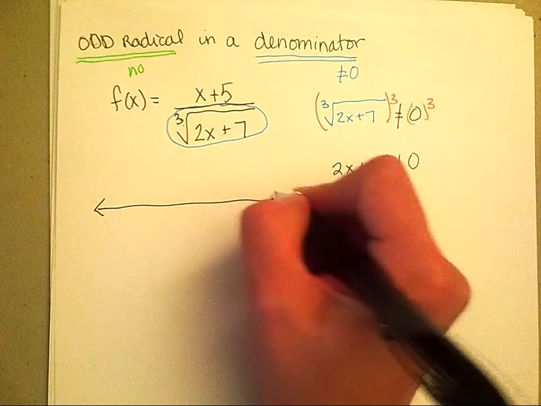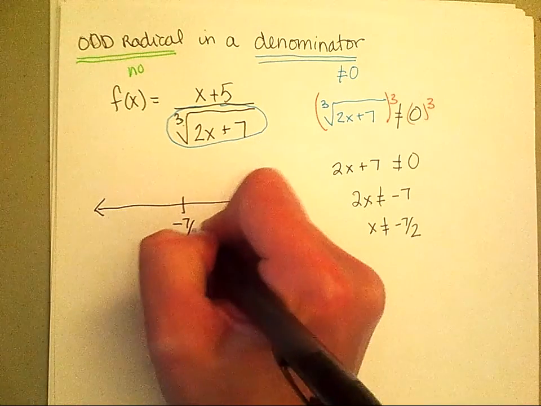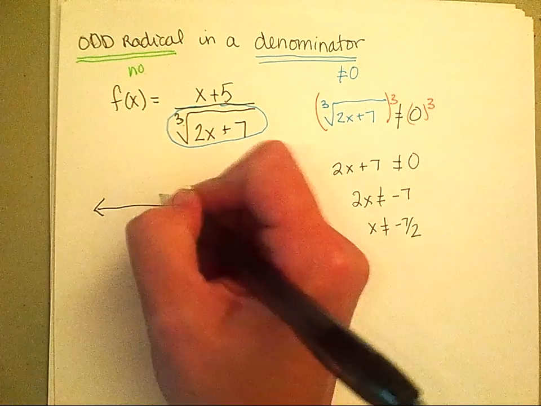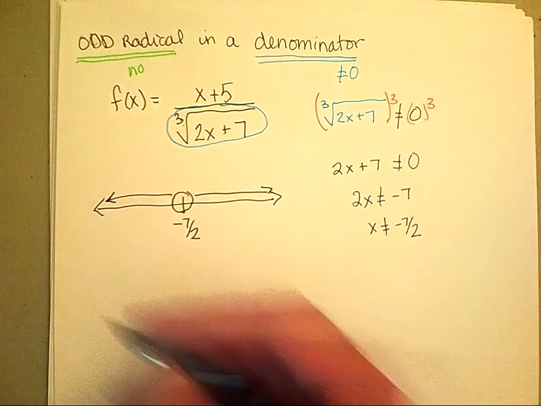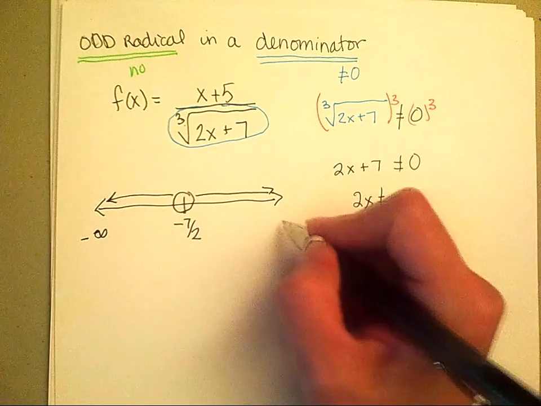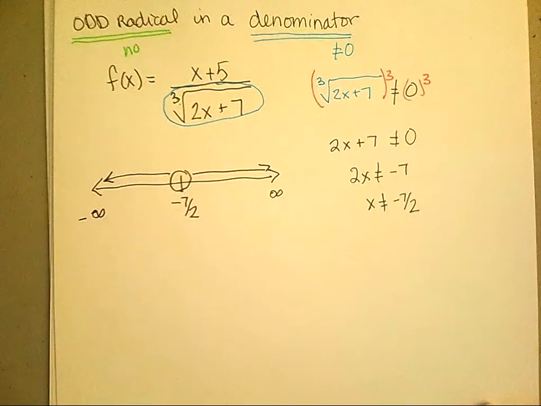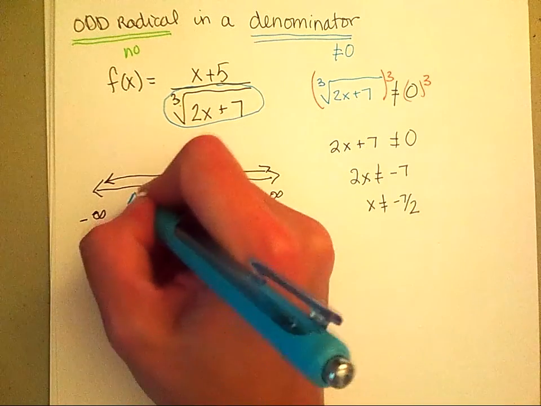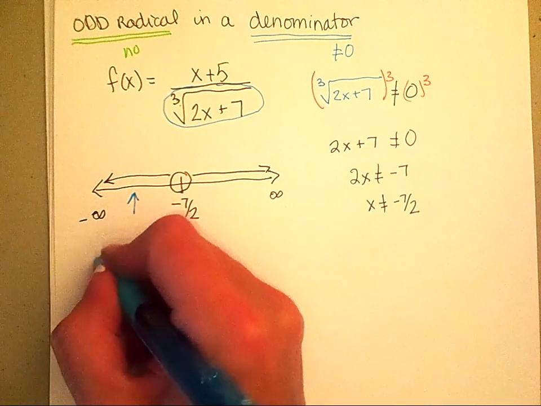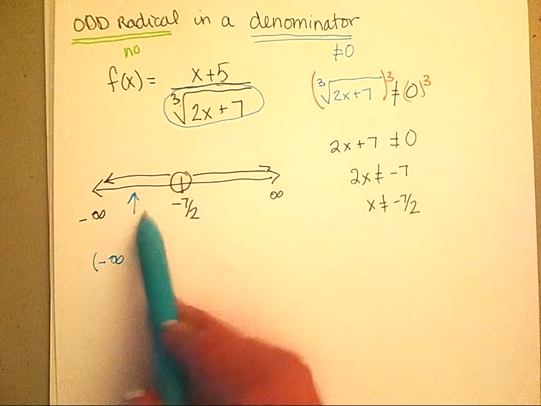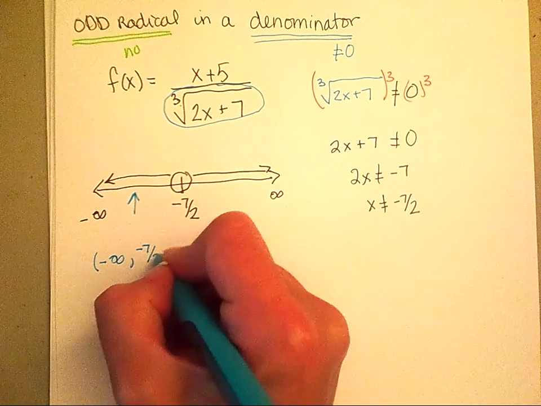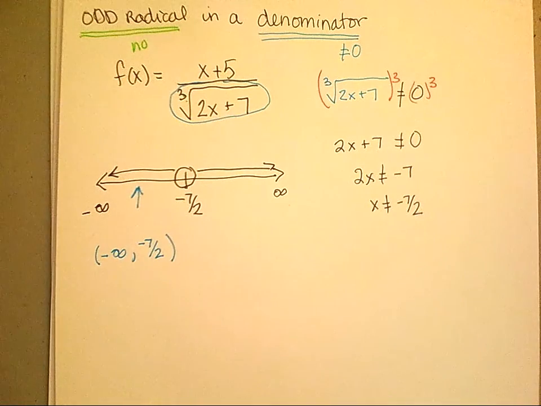If we look at that on the number line, then here's negative 7 halves. Everything but negative 7 halves is allowable. So this goes to negative infinity, this goes to positive infinity. Our first interval starts at negative infinity, goes all the way up to, but can't include negative 7 halves, so we put a parentheses.